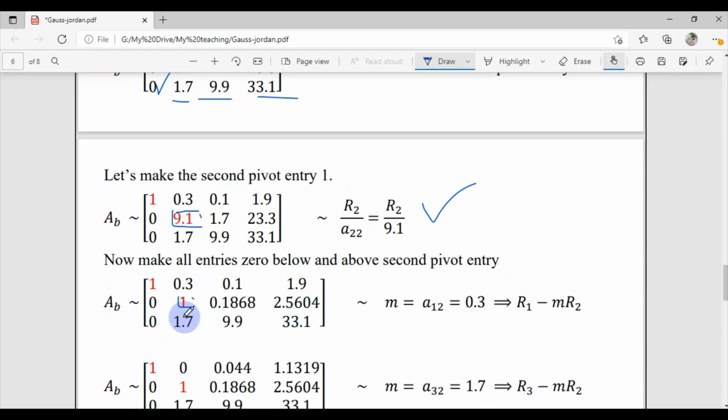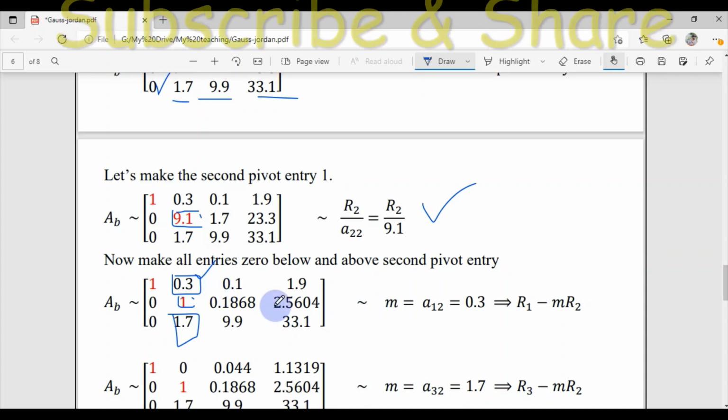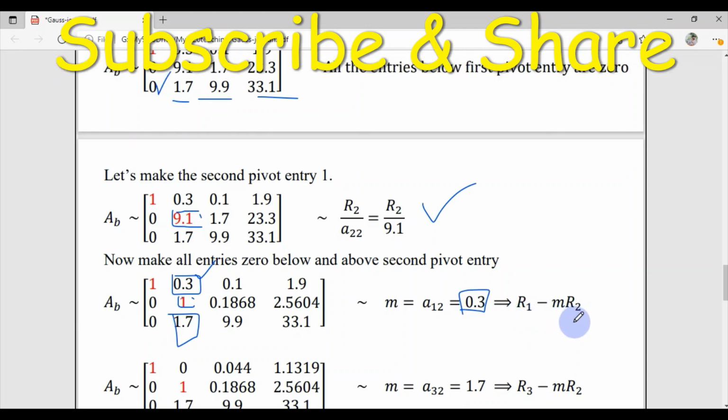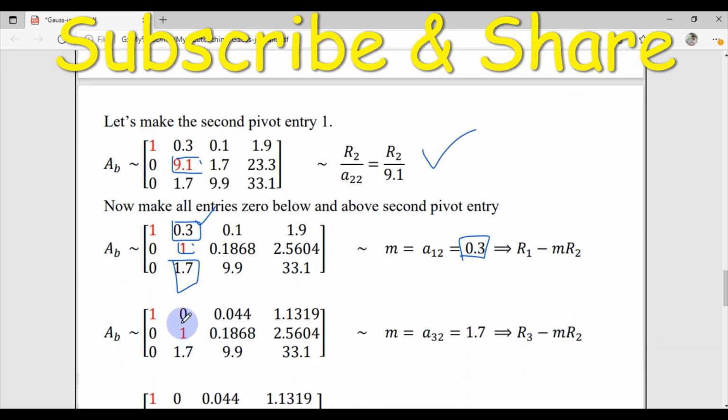Now the next step is to make this 0.3 and this 1.7 into 0. First I will pick 0.3. For this, 0.3 will be my multiplier and row 1 will have the multiplier times row 2 subtracted to give me 0 at this position, and all the remaining entries in row 1 will also change, but row 2 remains the same.